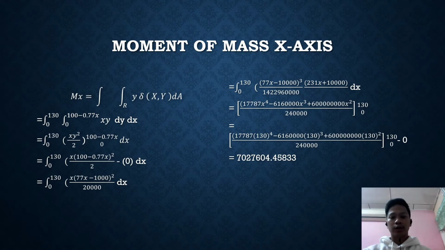So we can get the moment of mass for the x-axis, which is 702.7604.45833. So after we get the moment of mass for the x-axis and y-axis, we can continue to find the center of mass. Okay, thank you.